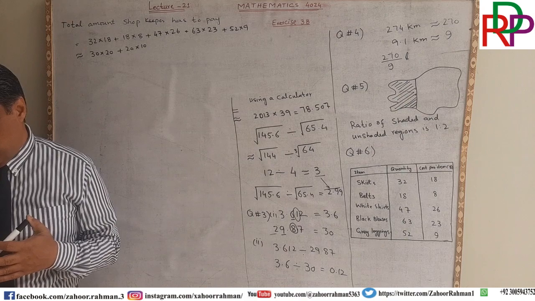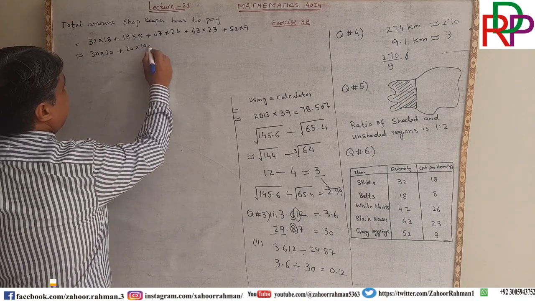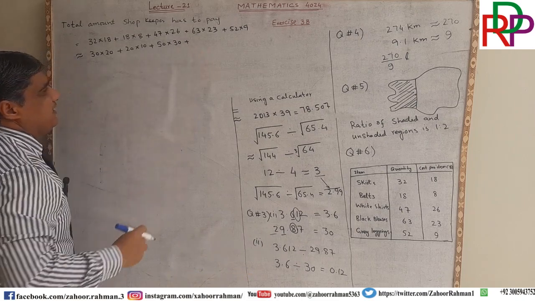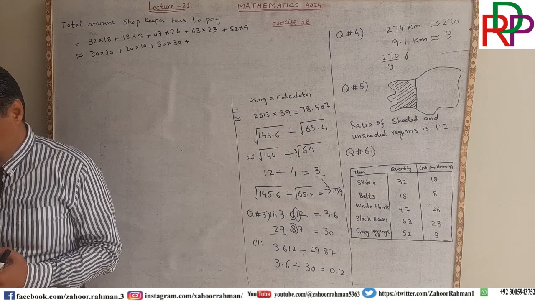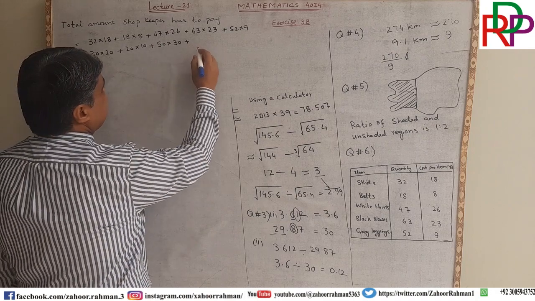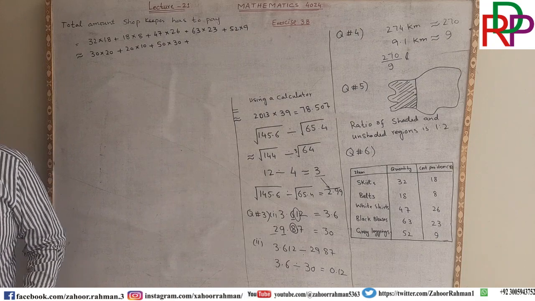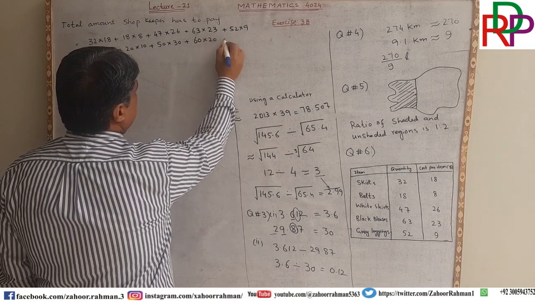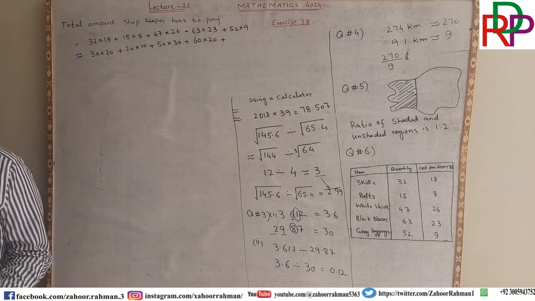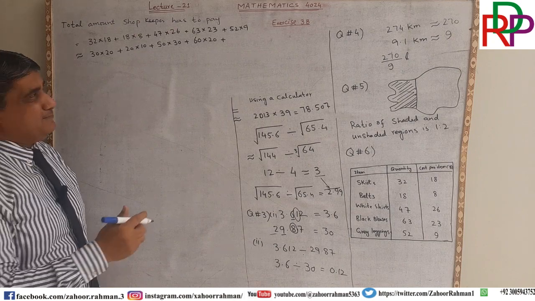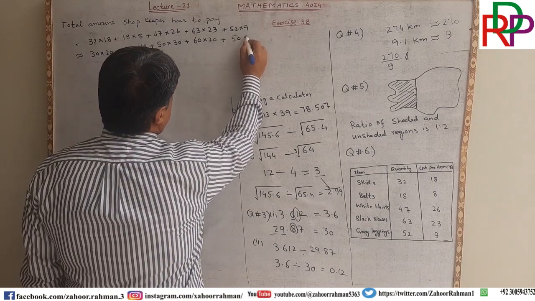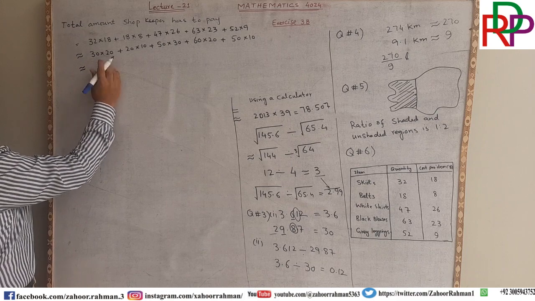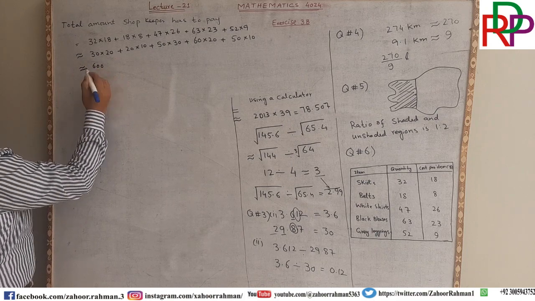The next one is 50 multiplied by 30, and that is equal to 60 multiplied by 20, and that is equal to 50 multiplied by 10.